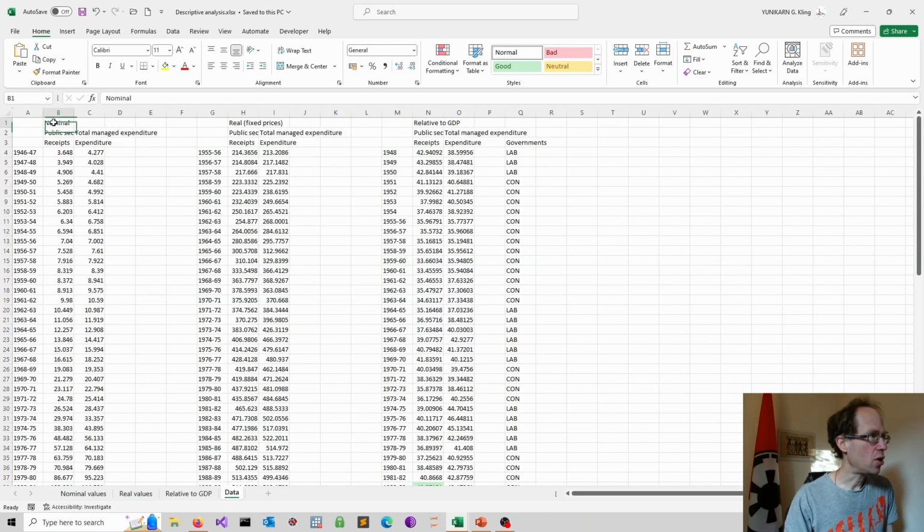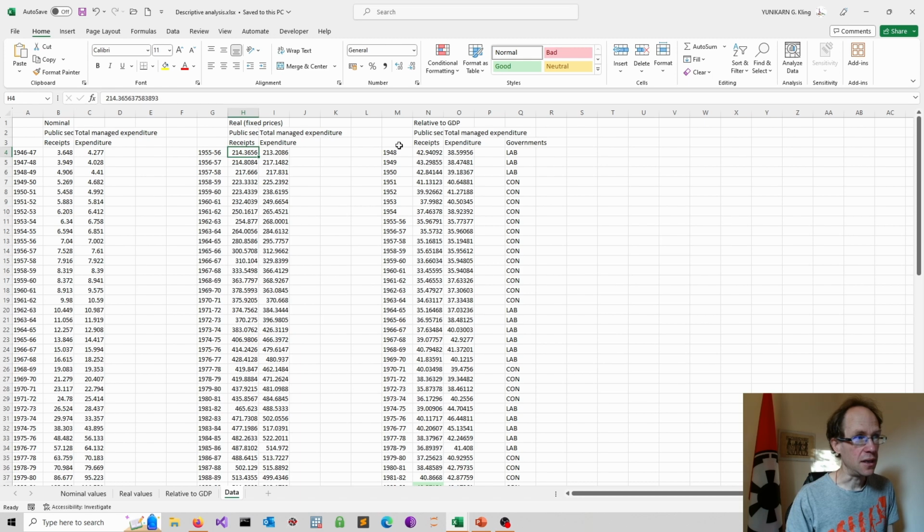First, I copy-pasted public expenditure and tax receipts in nominal terms. So this is based on the prices in 1946, 47, and so on. Then I did the same in real terms, so this is fixing the price level.